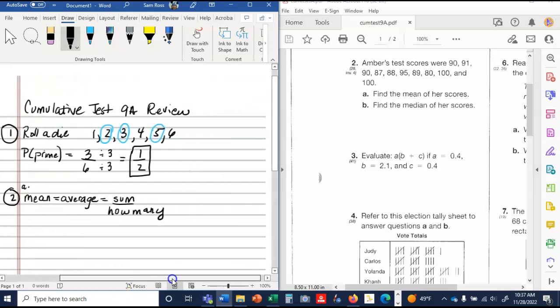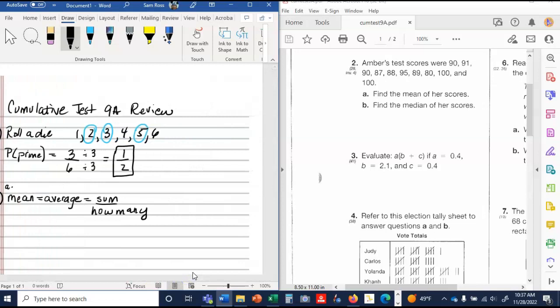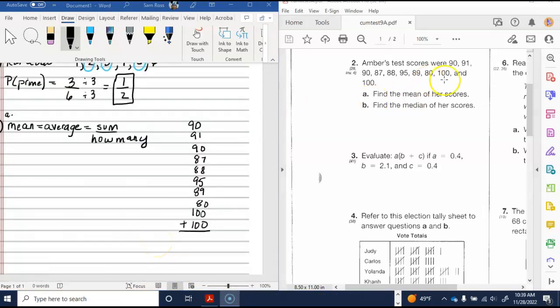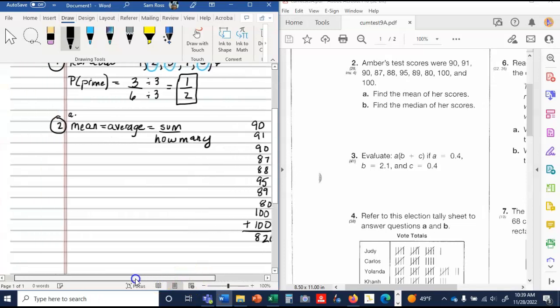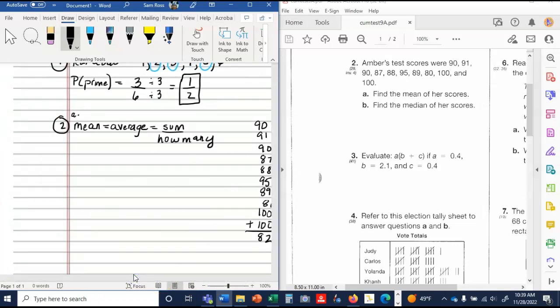So when I take the sum, I listed all the scores, and then I added them up, and I got 820. And then the how many, so I have 1, 2, 3, 4, 5, 6, 7, 8, 9, 10. So my average is going to be 820, which is my sum, over 10, which is 82.